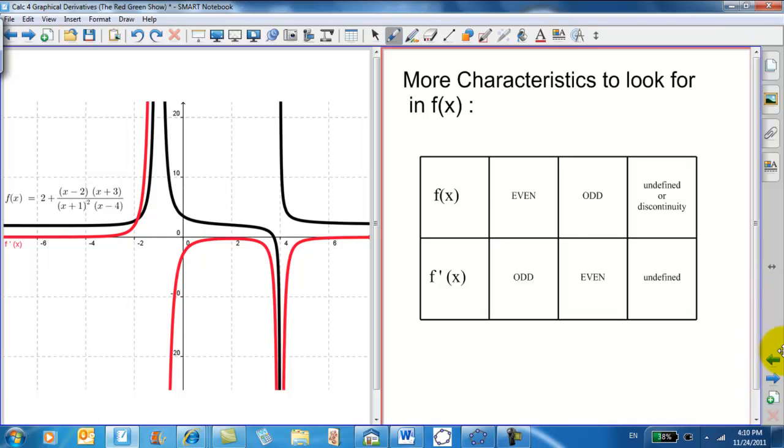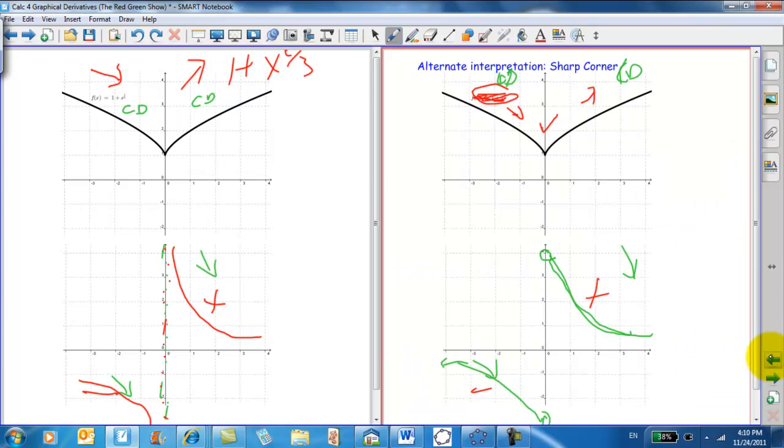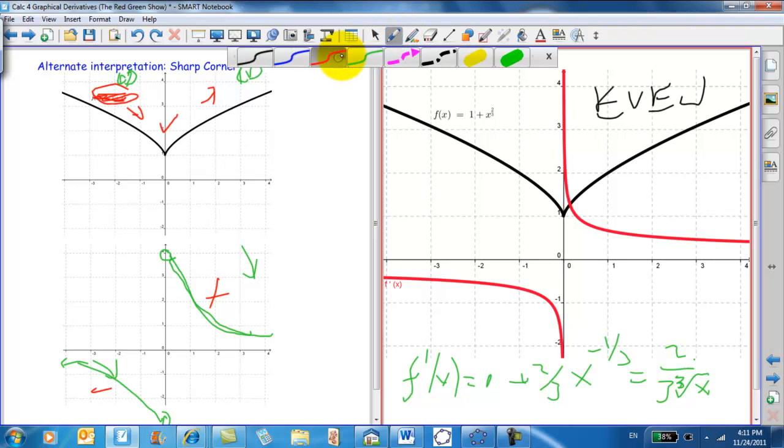Now, notice a few functions back that we had this bird function here. And you see how this bird function in black is definitely even. And the derivative ends up being odd. This is something you can count on.